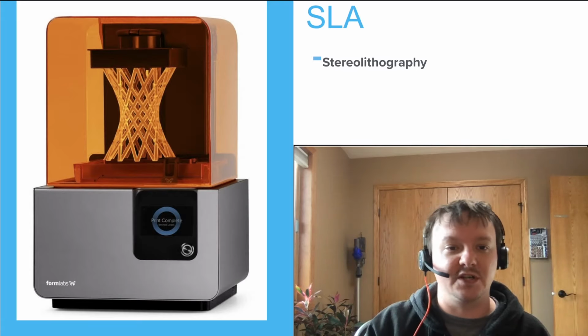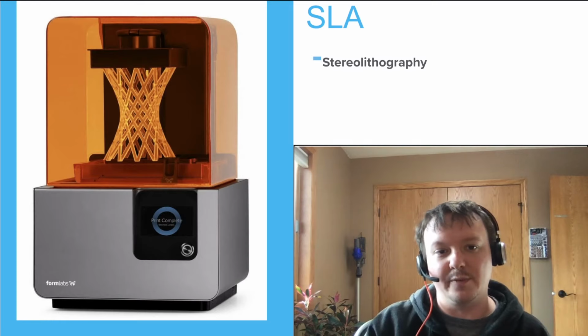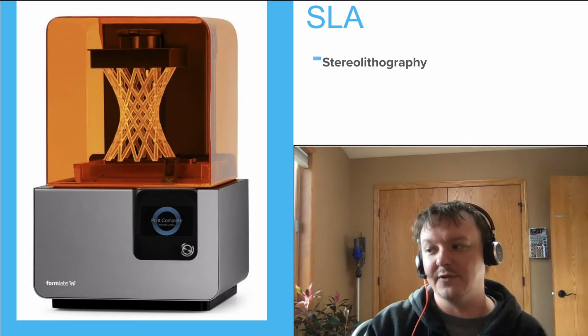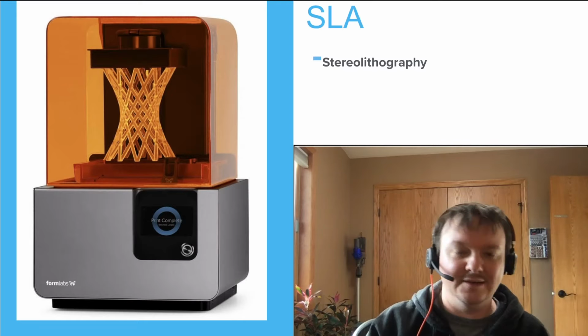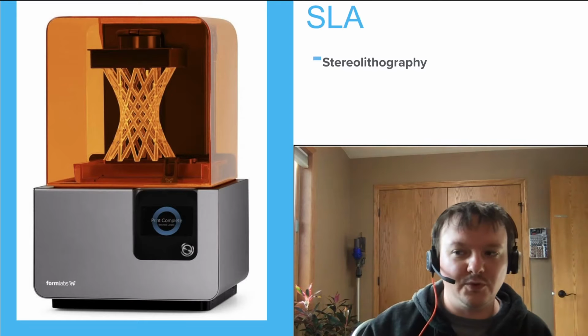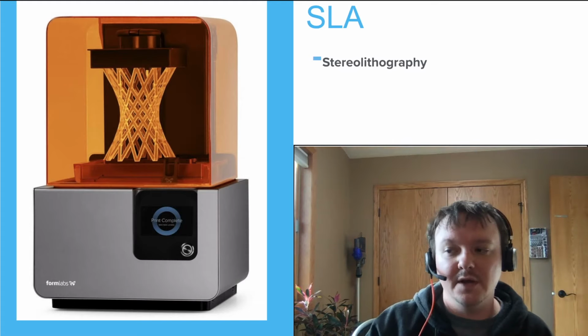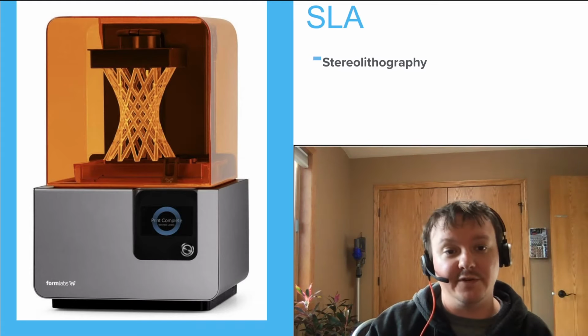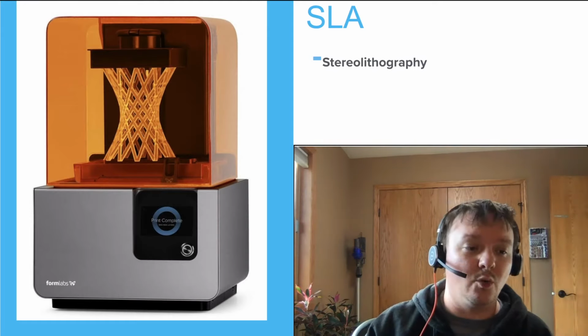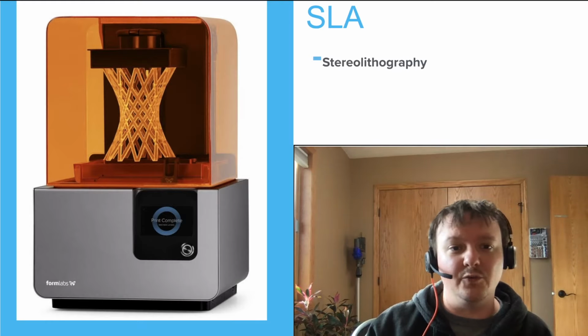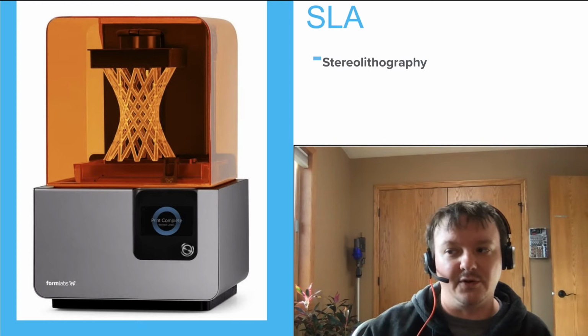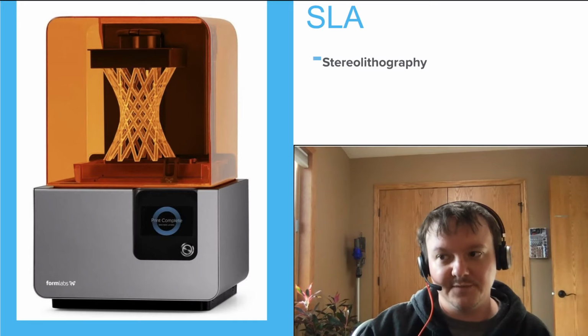The washing is usually just dipping it in isopropyl alcohol, and then it's usually UV cured, so you can leave it outside if you don't live in some place like Minnesota. Cool technology, prices have come down. Great if you're working on very small items, especially items that you don't need to be really strong, since this usually isn't the strongest, or items that have very weird features that would be difficult with other technologies.